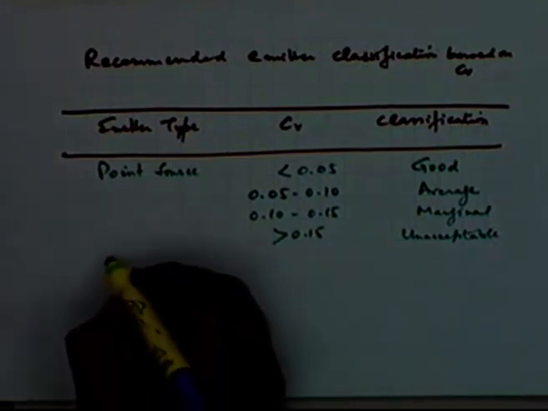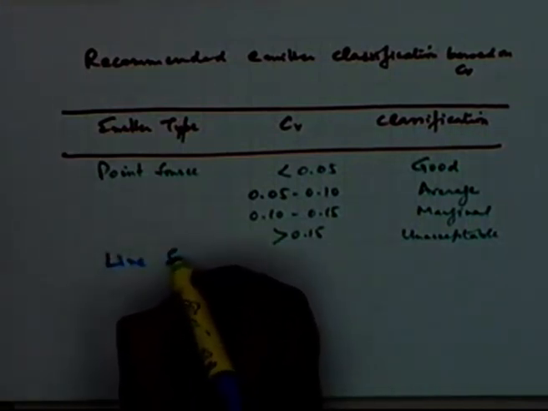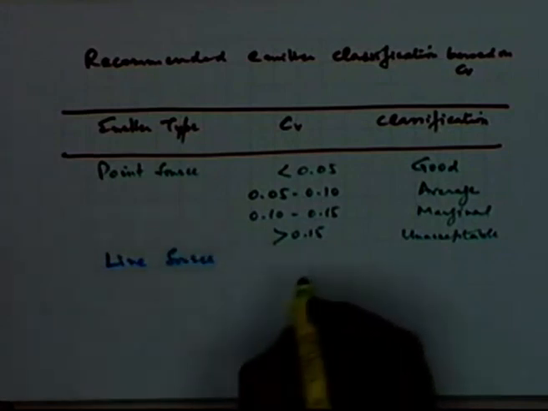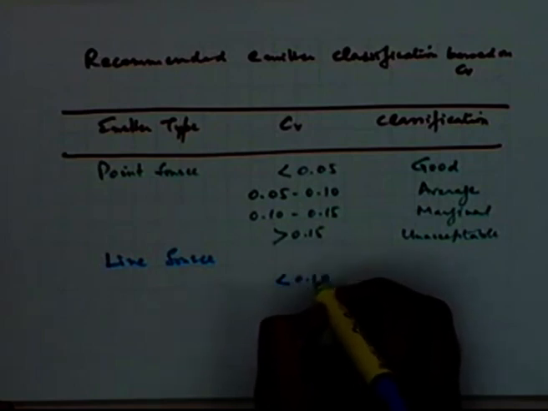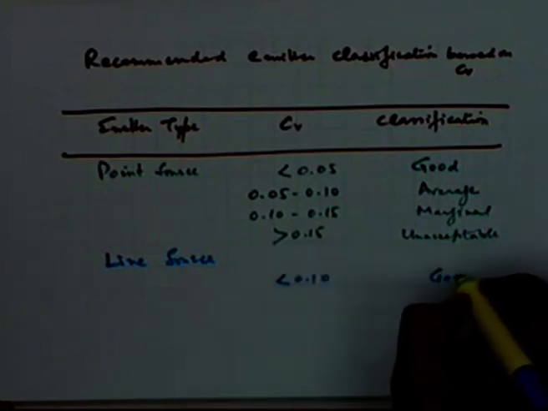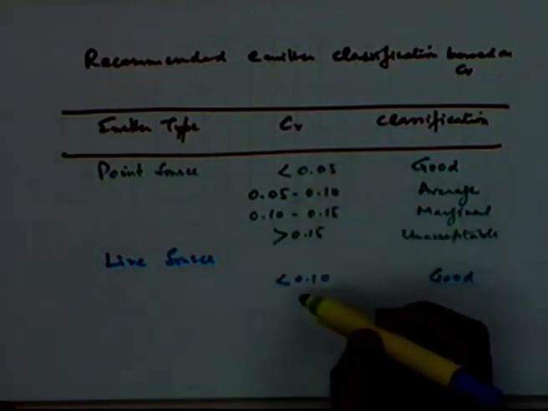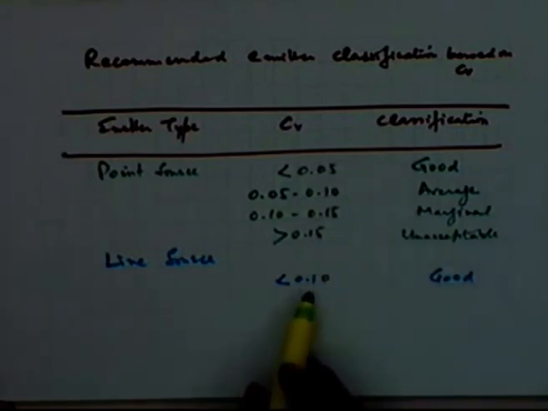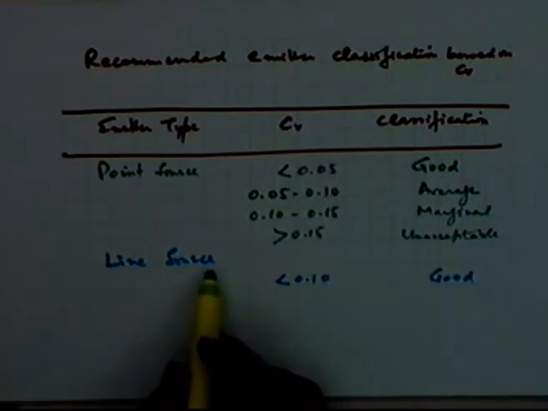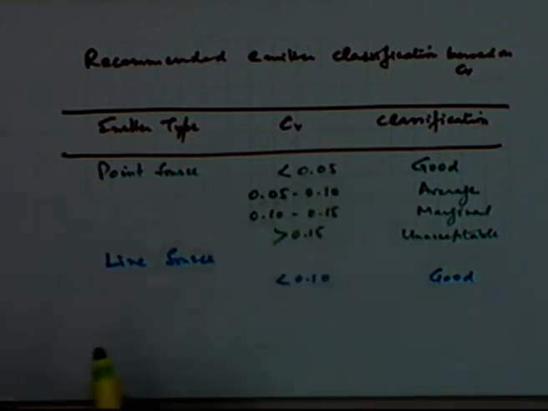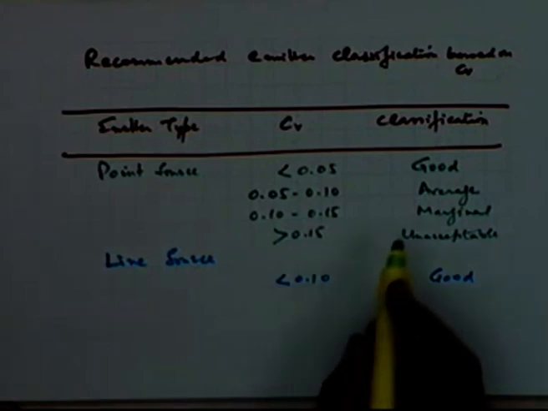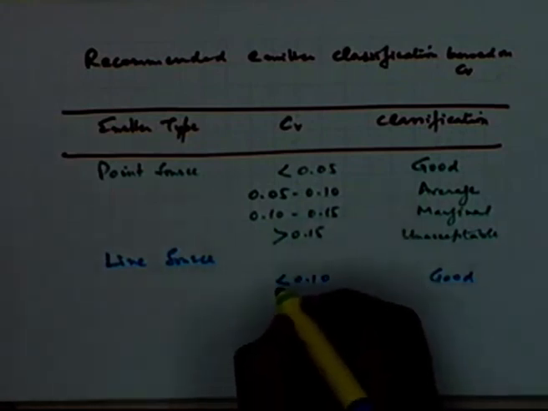emitters. Similarly, for line source emitters, if it is less than 0.1, it is good. So, in comparison, the coefficient of variation will be higher in the case of line source, which is unavoidable. You can have a better coefficient of variation in the case of point source.